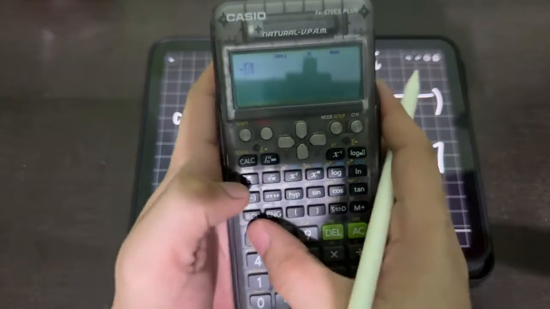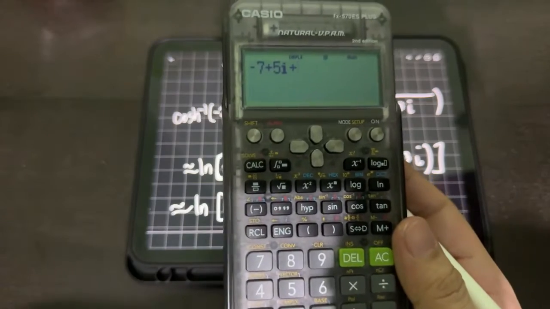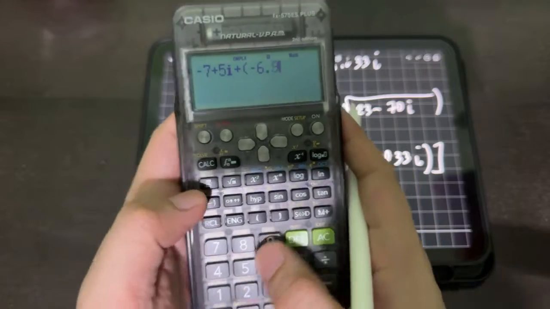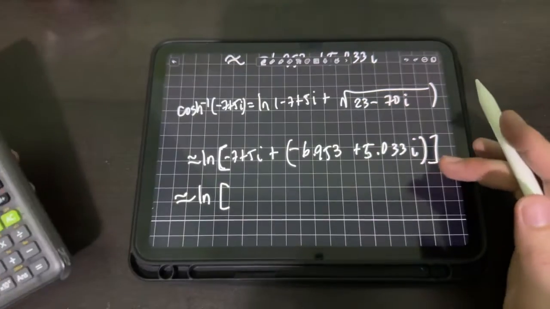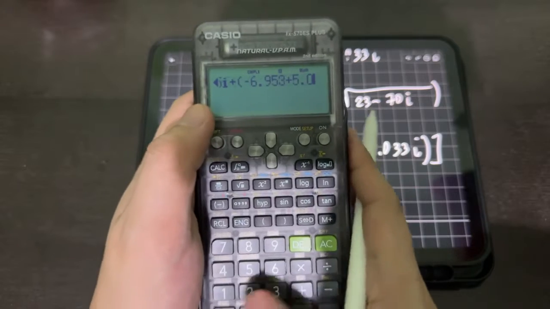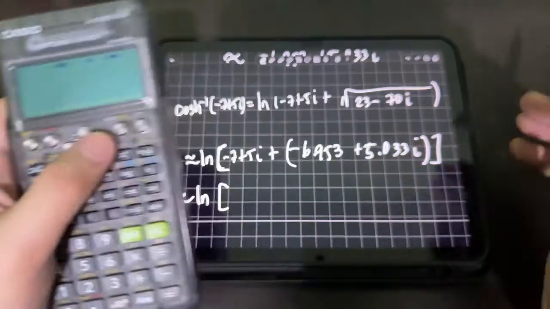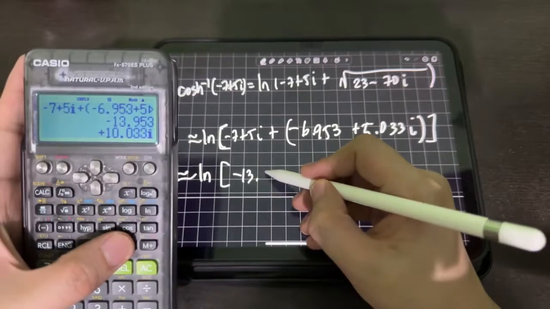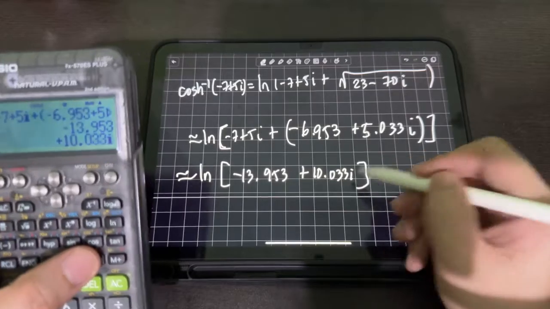So negative 7 plus 5i plus negative 6.953 plus 5.033i. It is negative 13.953 plus 10.033i.